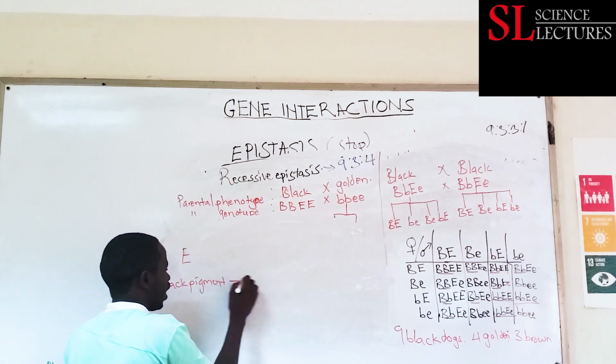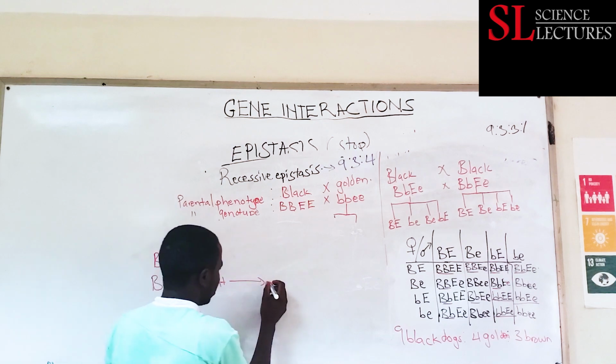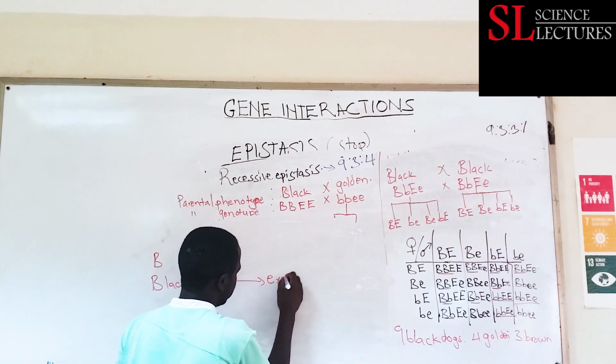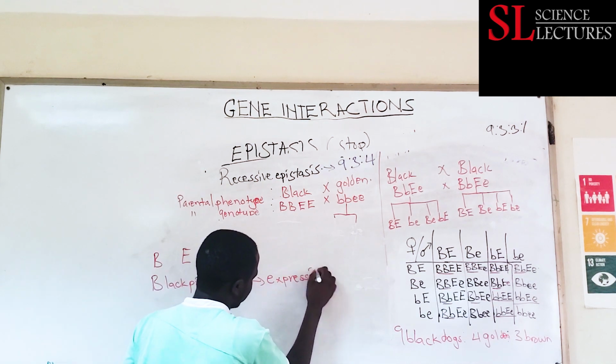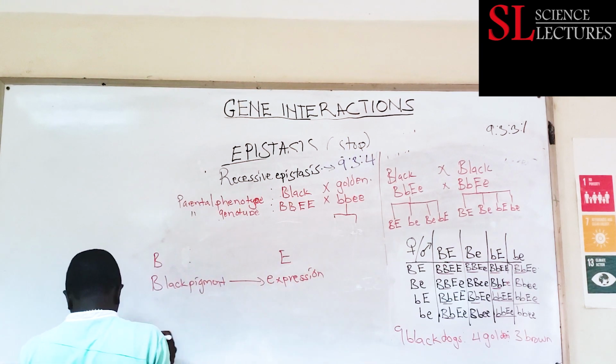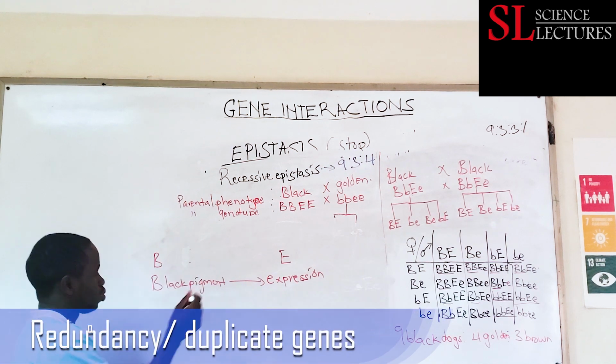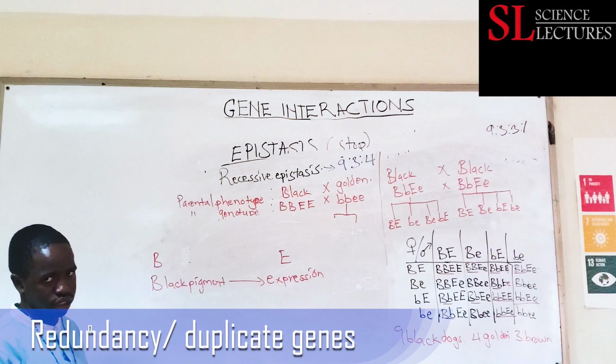But for the expression of this black pigment in a dog, you need gene E. Gene E is responsible for the expression of this black pigment. So whenever I have any of these recessive, it will mask the expression of this pigment.